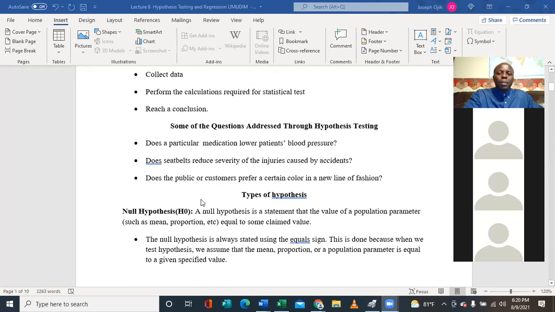So we can test hypothesis for many different things. For instance, we might want to know whether a particular medication lowers blood pressure. Can it lower blood pressure? Does a seatbelt reduce the severity of injuries caused by accidents? Does the public or customer prefer a certain color in a new line of fashion?